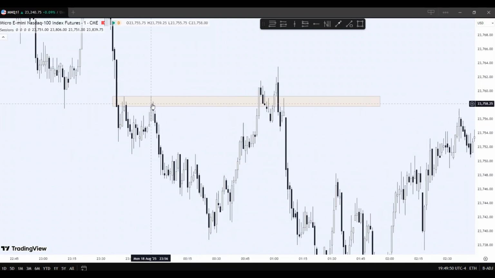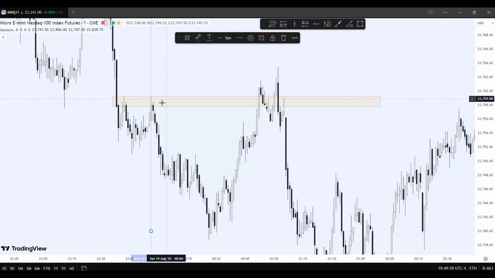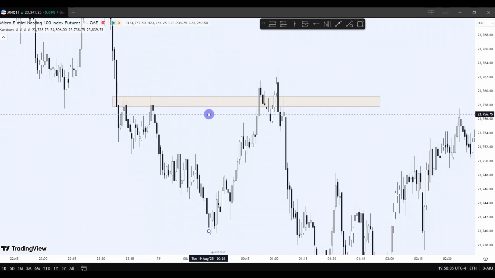So we're going to keep time in mind also, right? Because usually, okay, this would be 11. Usually after 12 a.m., midnight, that's where typically I expect price to start returning.